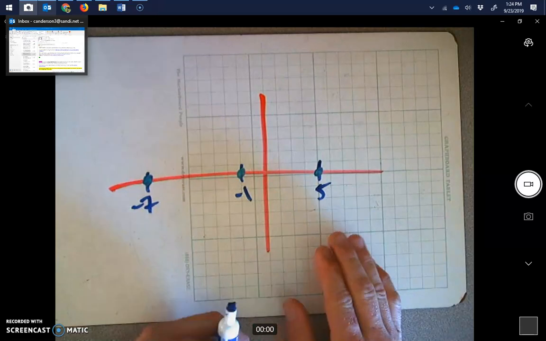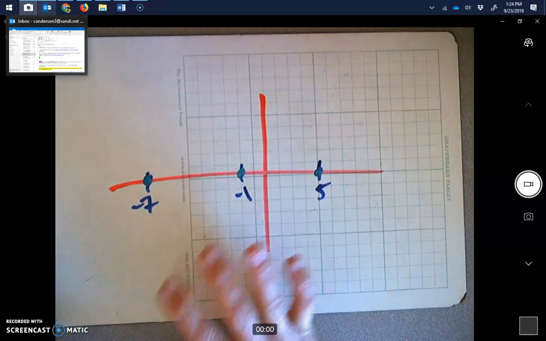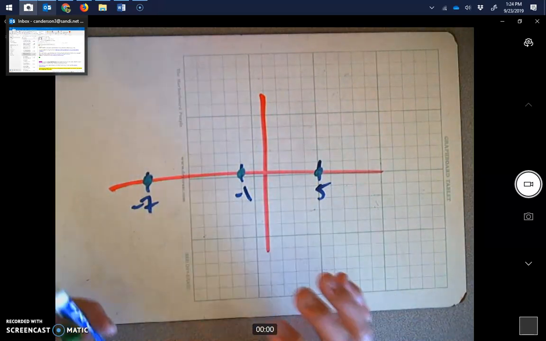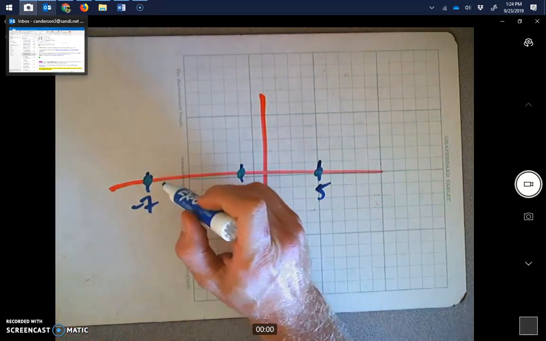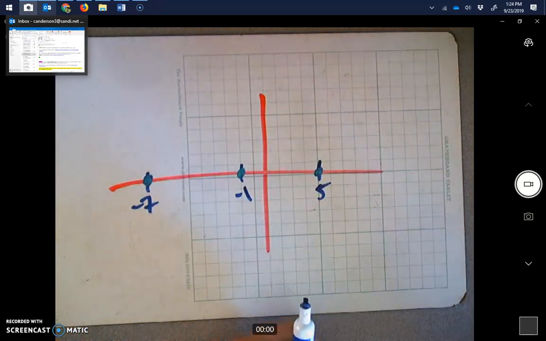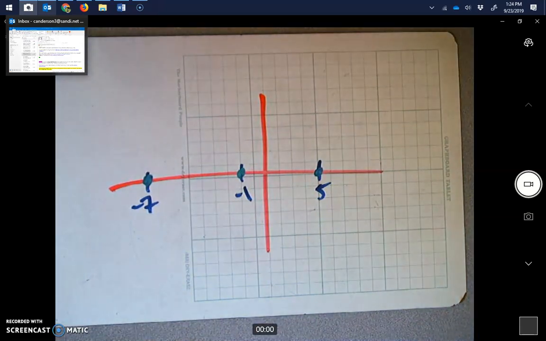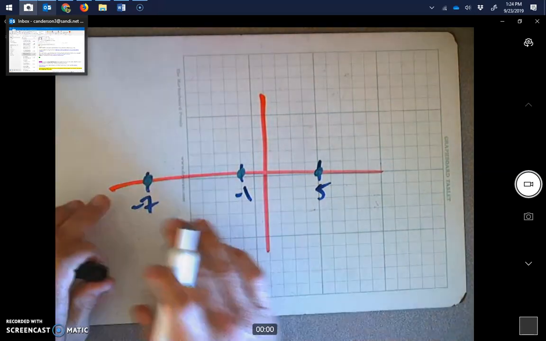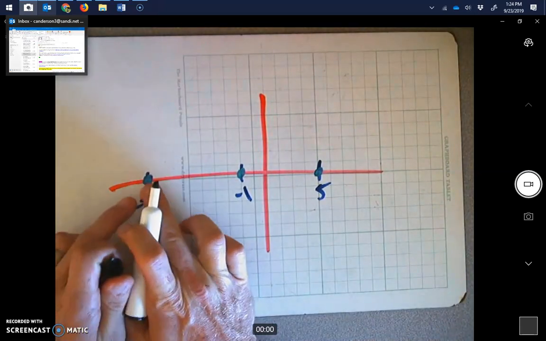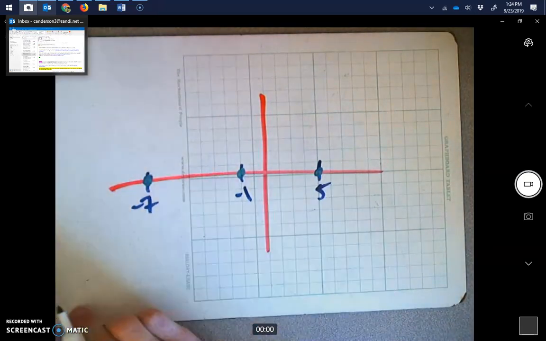Now, we know we have zeros here. What we don't know is how our graph is drawn. Now, there's many ways we can draw the graph. What we do know is that our graph either touches each of these spots or it goes through.